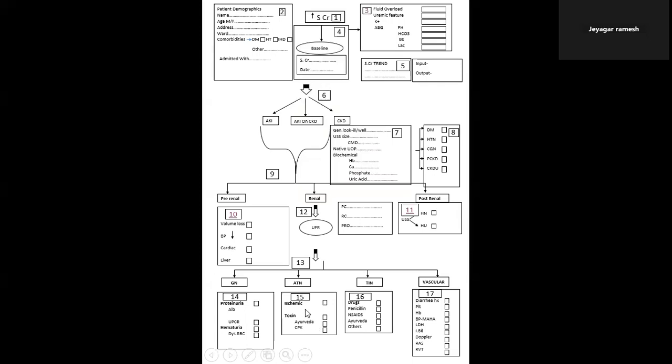So overall, within the whole body, the most susceptible tissue for ischemic or hypoxic damage is the renal tubular epithelial cells. That is why God has created two organs which are most sensitive to hypoxia or ischemic damage with autoregulatory mechanisms. One is the kidney and another one is the brain.